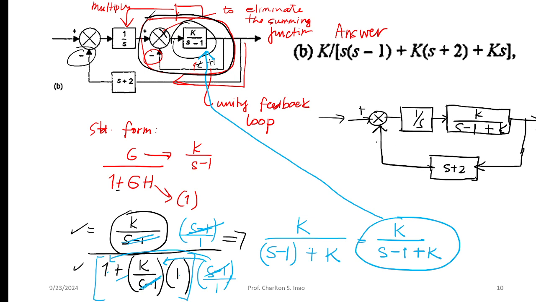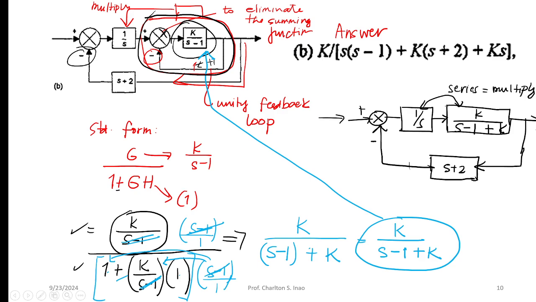So the sign of this is negative, okay? So now all we have to do is to multiply this, right? Because they are in series. If they are arranged in series, then we have to multiply, okay? And then here is the feedback. So this one is G, the whole thing is G, then this is the H, okay?